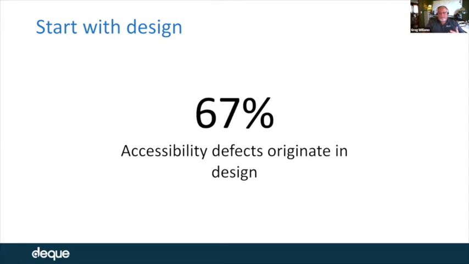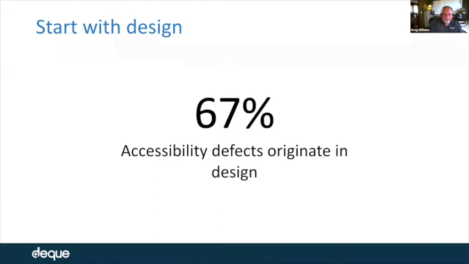Many different ways. The flow of the application, we might have designed it with a drag and drop that wouldn't work for someone using alternative input. Many different ways that you can cause it, but about 67% of those originate in the design phase.